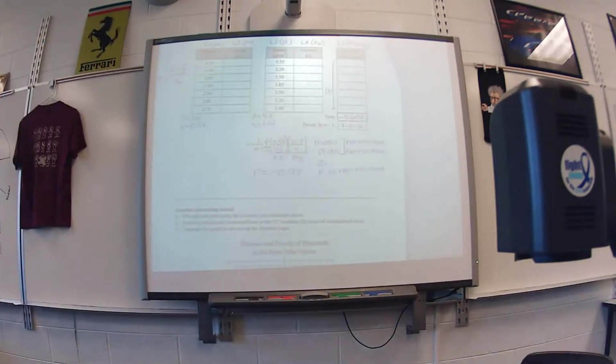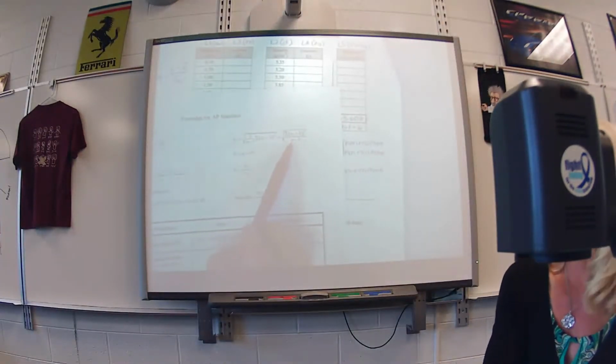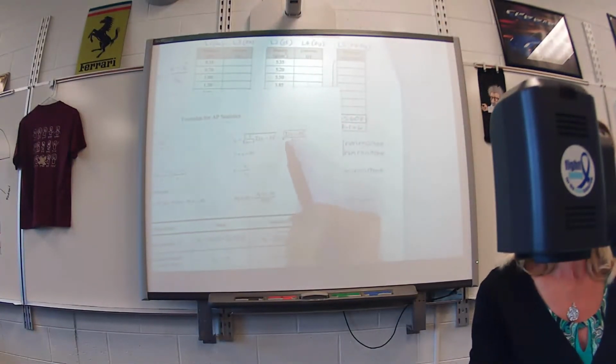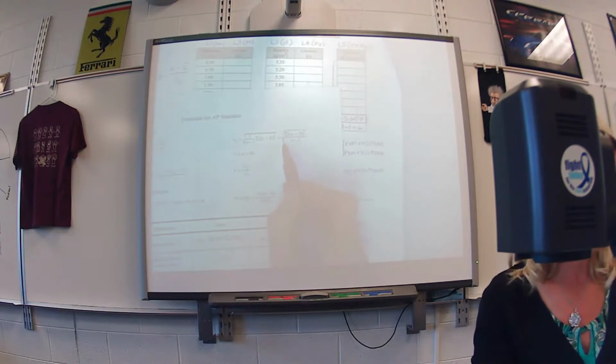And I don't think I've ever pointed out that on the formula page you do have formulas for your standard deviation, in case you ever forgot, okay? So there's your standard deviation formula right there. If you remember, we did a table, we did x minus x bar, and then we squared those, we added them up, we divided, we took a square root, okay?